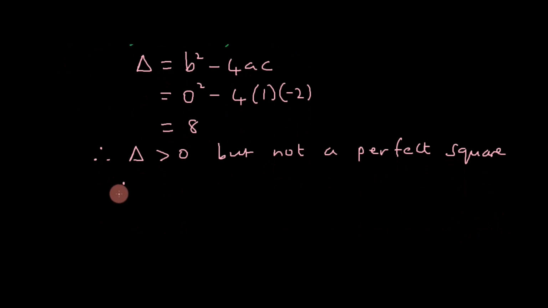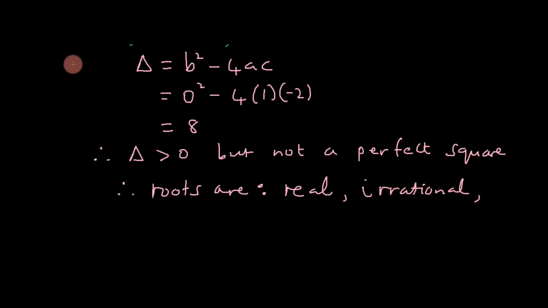So we can conclude that the roots are, firstly, real, because 8 is greater than 0, delta is greater than 0. So real. 8 is not a perfect square, so it's going to be irrational. And since delta is not equal to 0, the roots are also unequal. So the roots are real, irrational, and unequal.